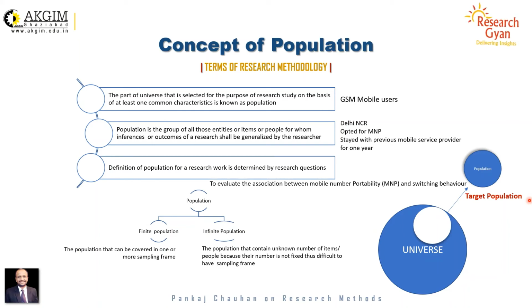Whereas in case of infinite population, the population contains an unknown number of items or people. Why unknown? Because their number is not fixed. It is difficult to have a specific or authentic sampling frame. The list of the infinite people is very difficult to get.